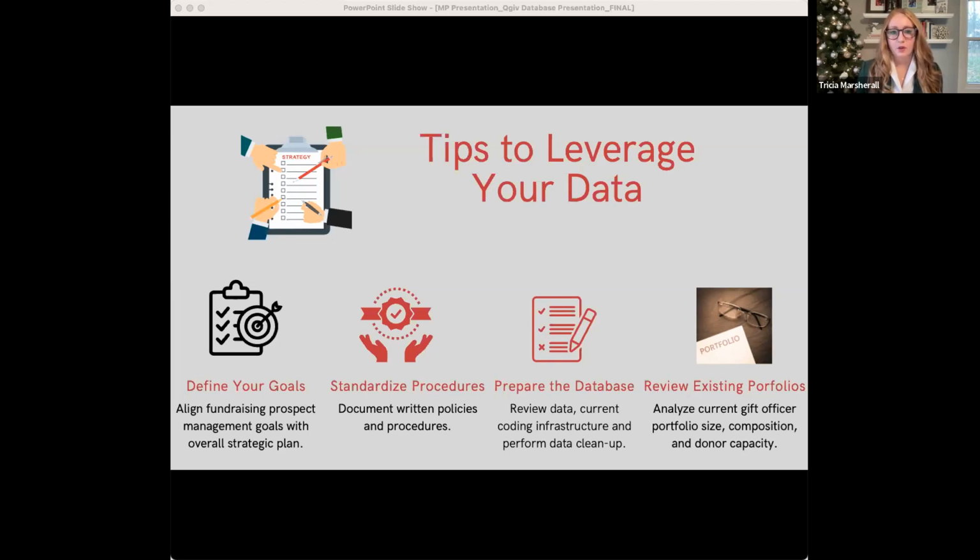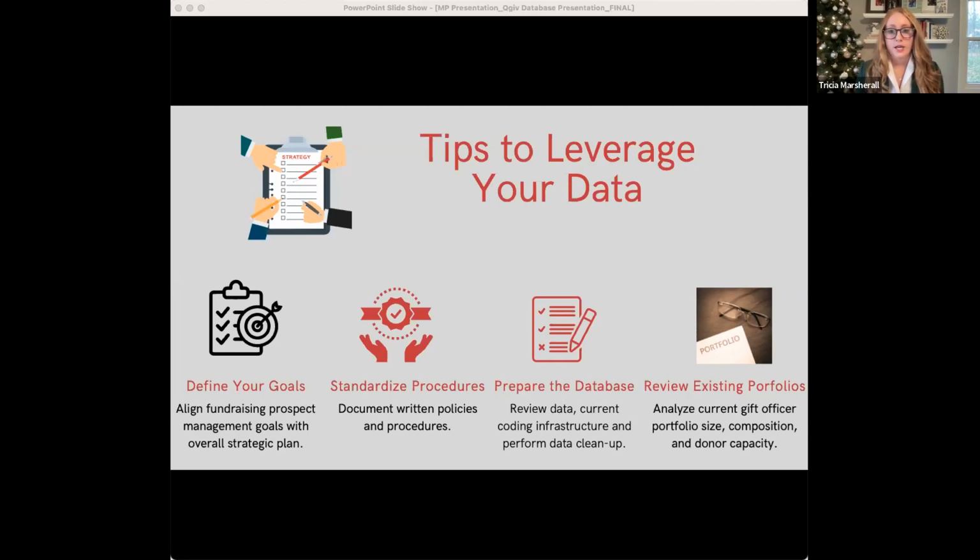I can't really implement the database infrastructure and coding to support what these reports are going to be until we know what those priorities and those goals are. So you're going to want to define what your goals are and align your fundraising prospect management goals with your overall strategic plan. So looking at those long-term goals, your moves management structure may vary depending on that.